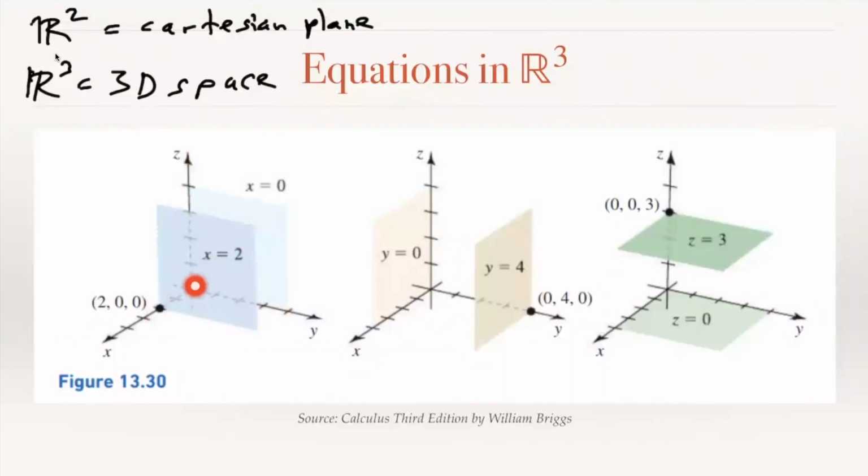Similarly, x equals 0 means the yz plane, because x is 0 everywhere there. Similarly, for y equals 4, everywhere here the y coordinate is 4, or z equals 3, everywhere there the z coordinate is 3. And again, x equals 0 is the yz plane, y equals 0 is the xz plane, and z equals 0 is the xy plane.